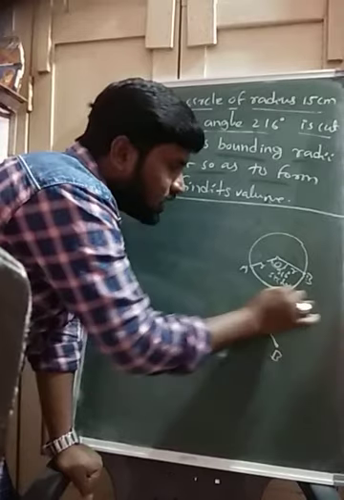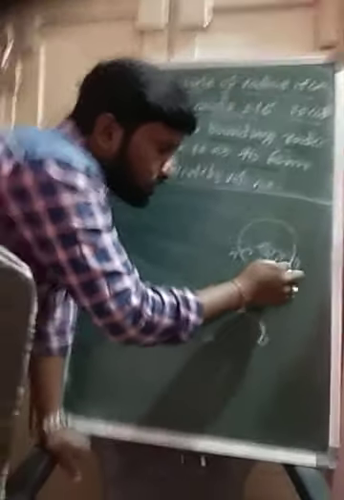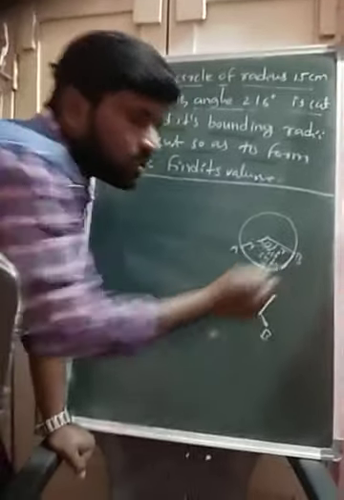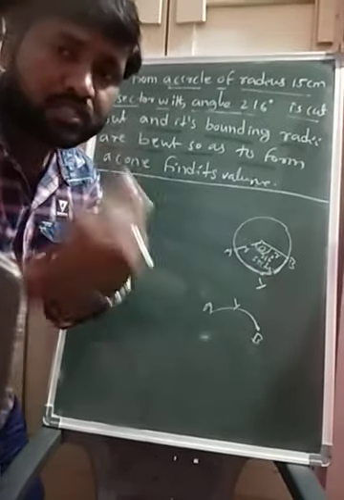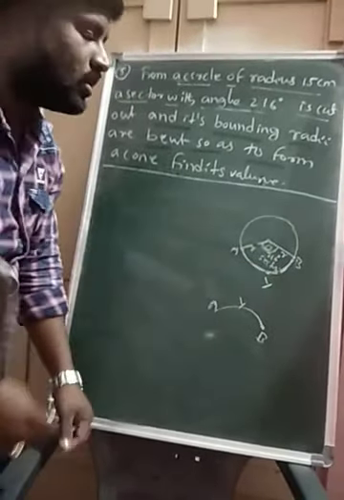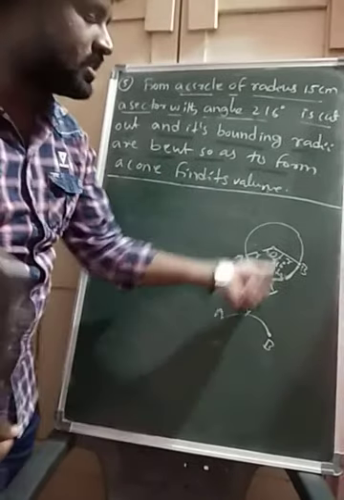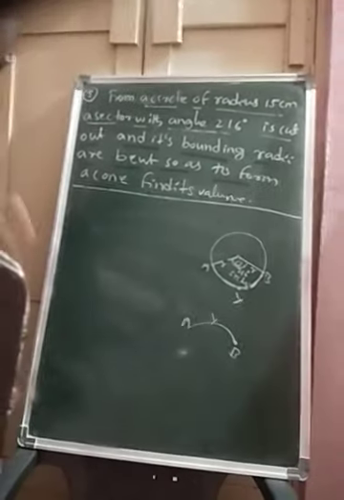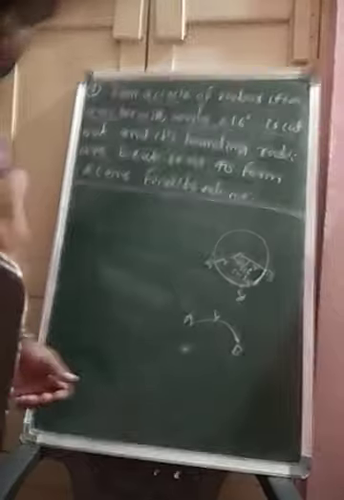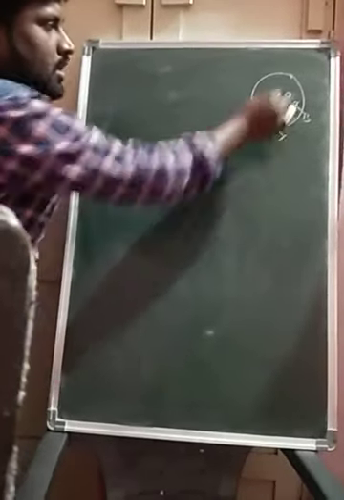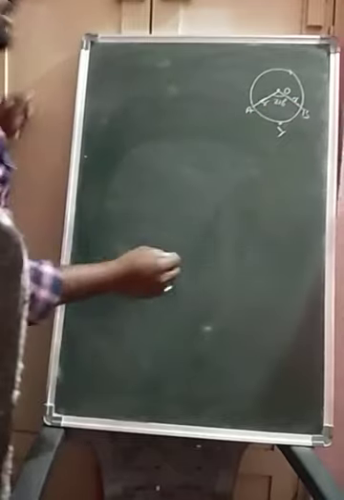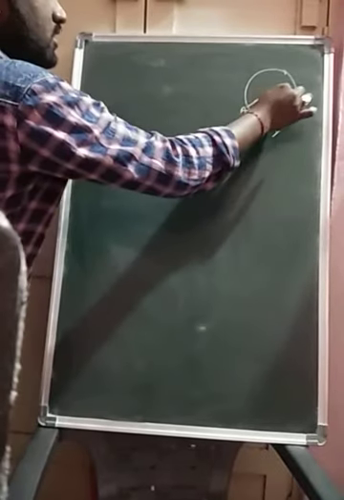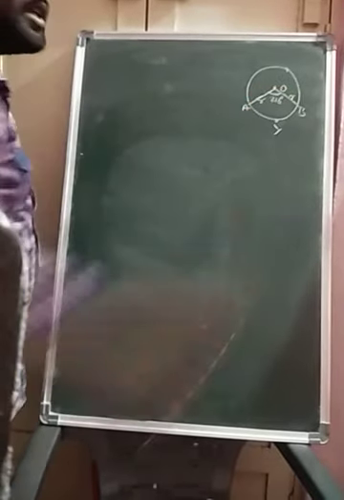This is the arc, actually. AYB is the arc. The length of the arc is equal to the base of the cone, and the radius of the sector becomes the slant height of the cone. OAYB is a sector with angle 216 degrees.